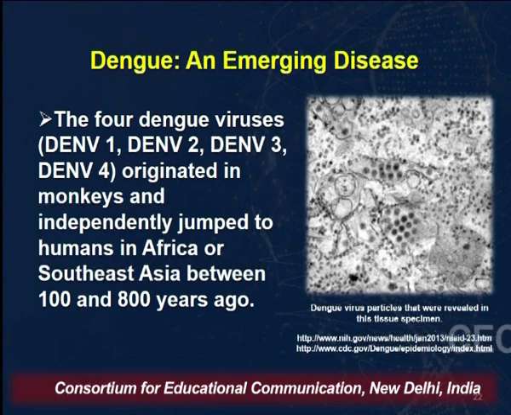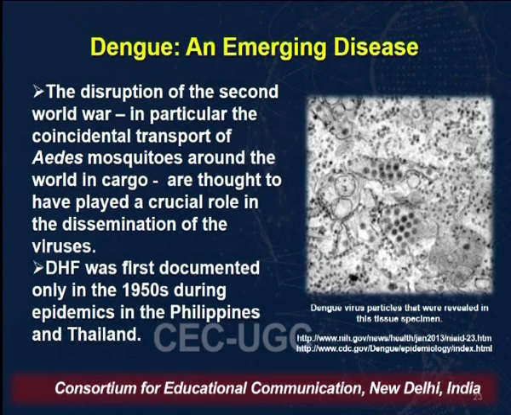We can see the image which shows the dengue virus particles within the tissue specimens. The black dots are the dengue virus specimens present within the tissue specimens collected from a patient.